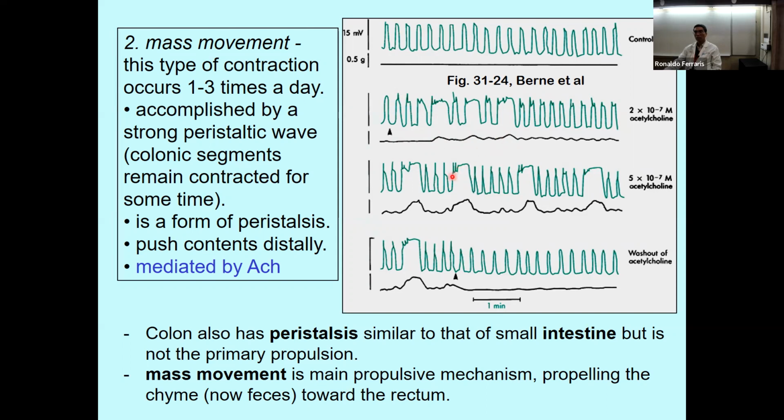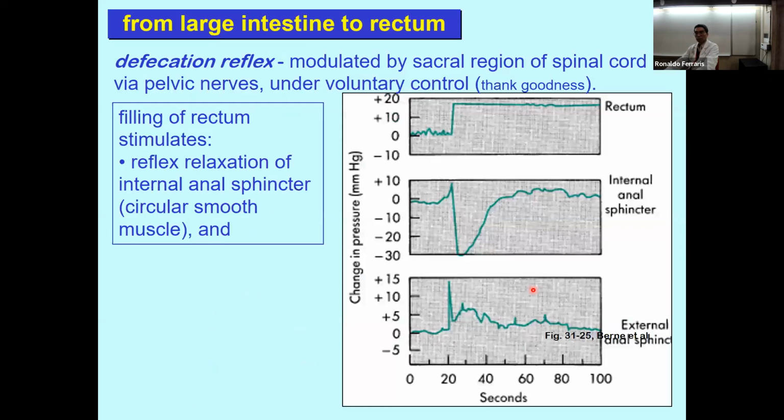And the more action potentials, or the longer they are, the greater the contractions. So what's going on during a mass movement is really a ton of ACh going into your colon smooth muscles. And when you wash acetylcholine away, things go back to normal slow waves and no muscular contraction.